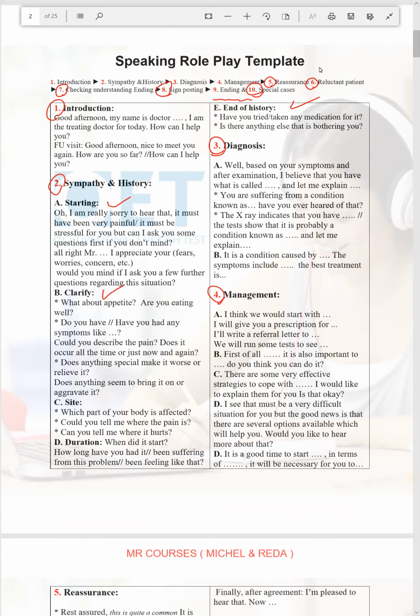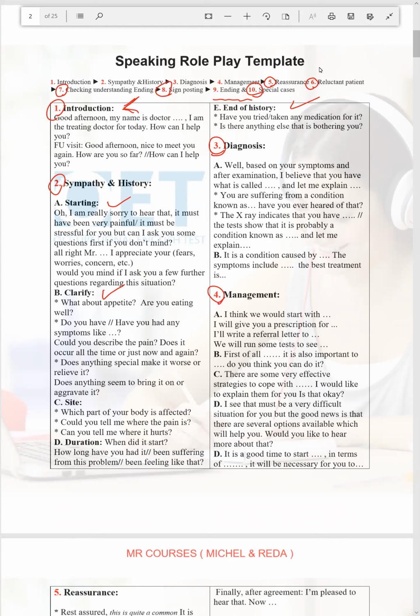How to start? According to the introduction, you will ask yourself, is this the first visit or a follow-up second visit? Because you cannot ask a patient about his name if he is following up with you.